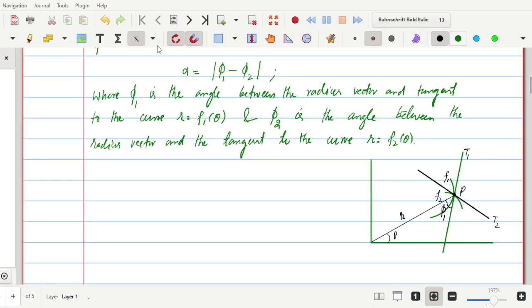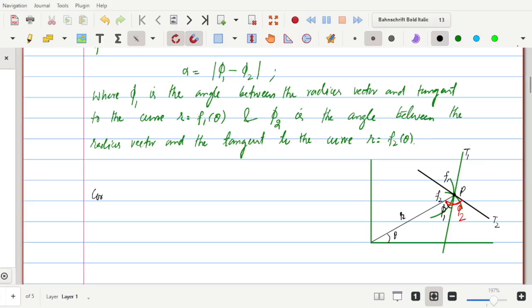Now this r also makes an angle with the tangent t2, which we shall denote like this, and this angle is equal to phi 2. Then the absolute difference between this phi 1 and phi 2 is defined to be the angle of intersection between the two curves r equal to f1 of theta and r equal to f2 of theta.